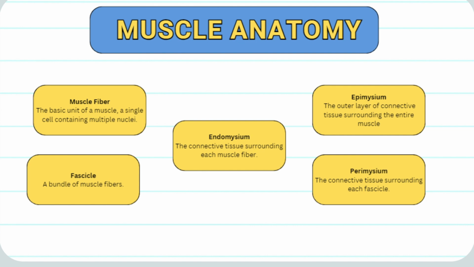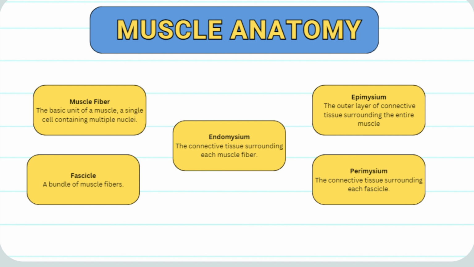Then we have three mysiums right over here on the right. Number one is the epimysium, then the perimysium, and then the endomysium. The words epi, peri, and endo are most probably Greek words.